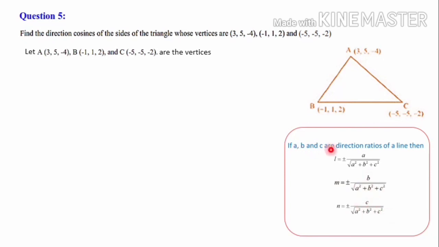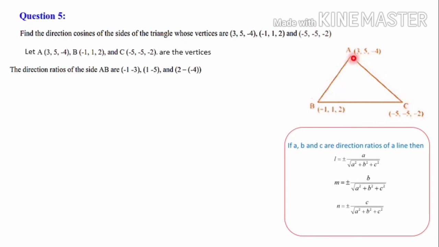So first of all, we have to calculate a, b and c, the direction ratios. We already learned how to find the direction ratios when two endpoints of a line segment are given. As I said before, there are three sides AB, BC and AC.